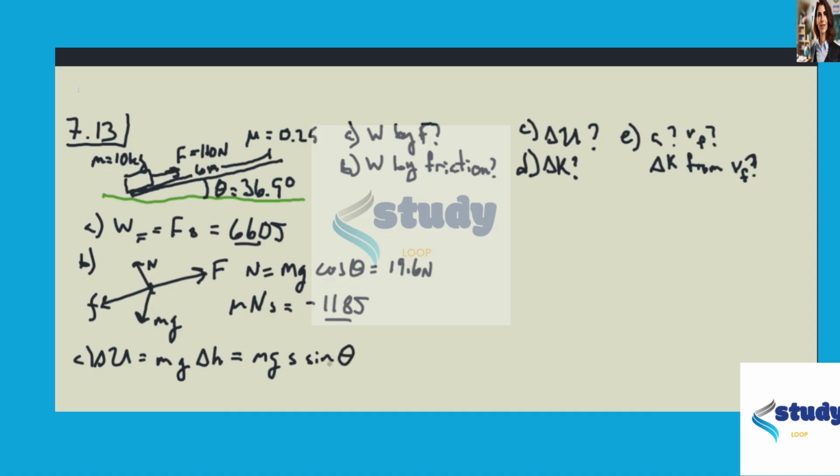And again, we know it either has to be cosine or sine, just sort of from being familiar with this type of thing. And sine of theta is equal to 0 when theta is 0. And if this ramp is horizontal, then there's no change in its height, and so this is the one we want. So then this ends up being 353 joules.